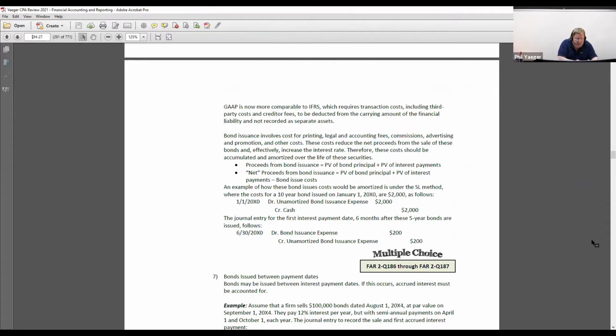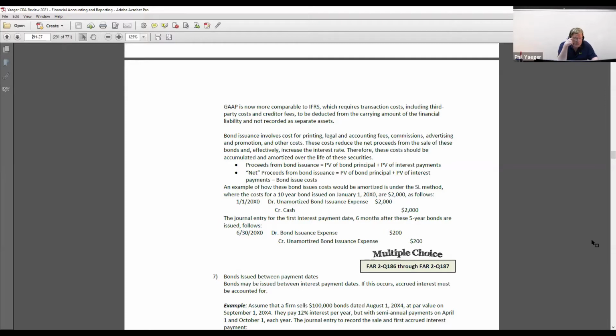These bond issue costs will reduce the net proceeds from the sale of the bonds, and effectively they'll increase the interest rate. Why? Because bond issue costs are a cost of carrying the bonds. So therefore, your interest expense is going to be increased. You agree?